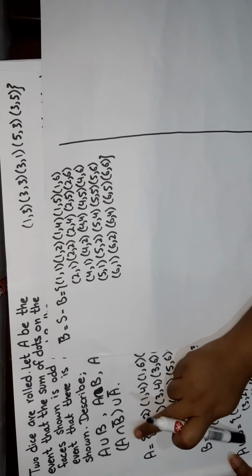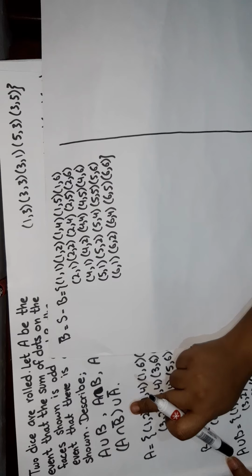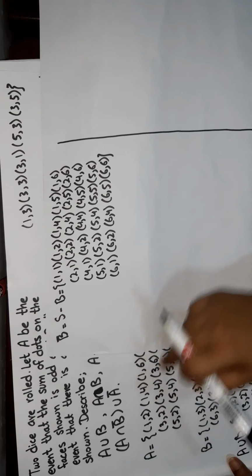Now the question was A intersection B complement and then union A complement. So first of all, we have to find A intersection B complement.